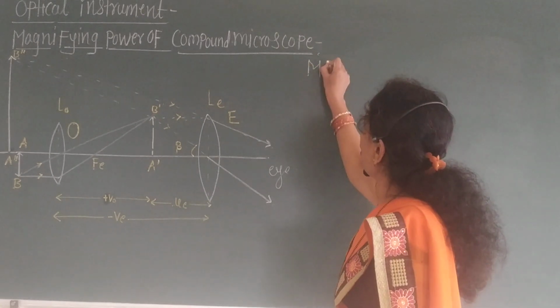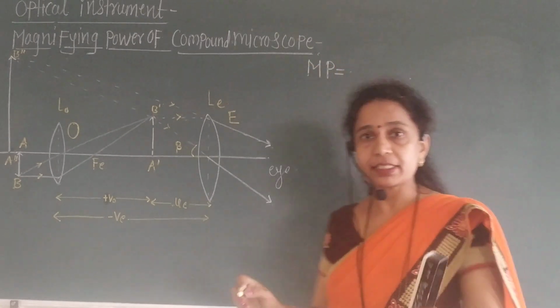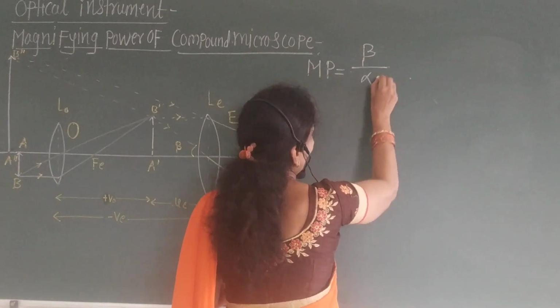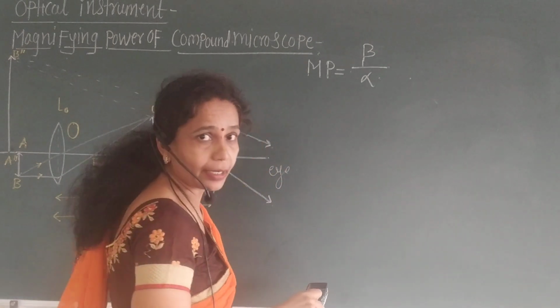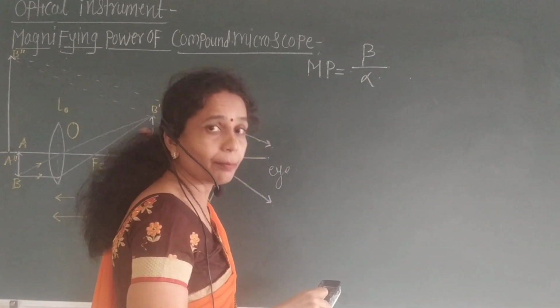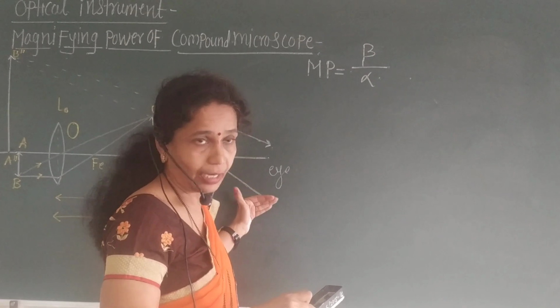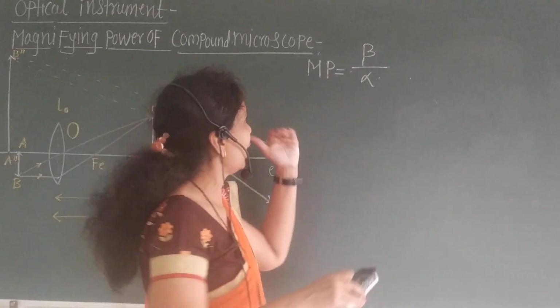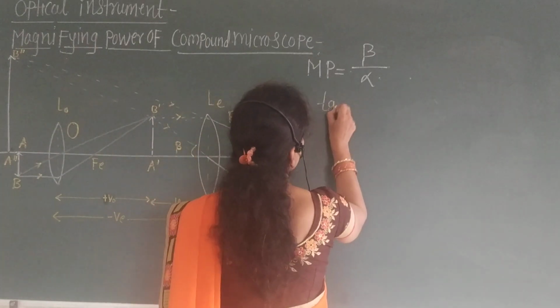Then what is the magnifying power of a compound microscope? It is defined as MP is equal to beta upon alpha. Beta means the visual angle made by the image with the eye, and alpha means the visual angle made by the object with the eye. Then from the figure, what is tan beta?